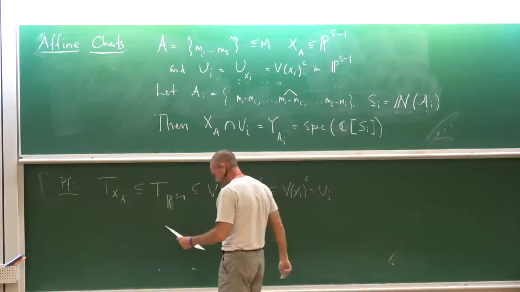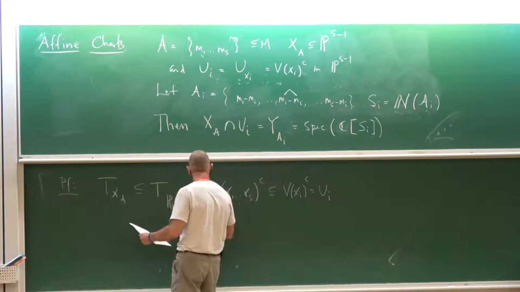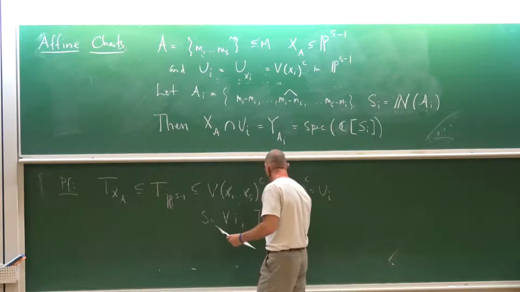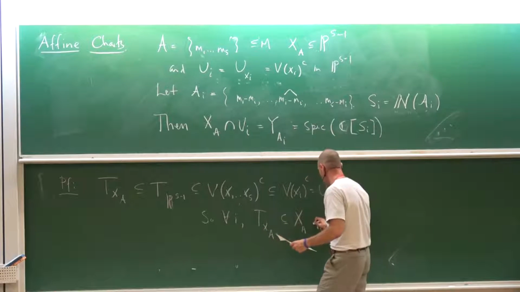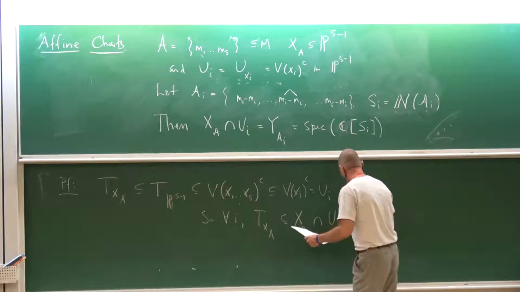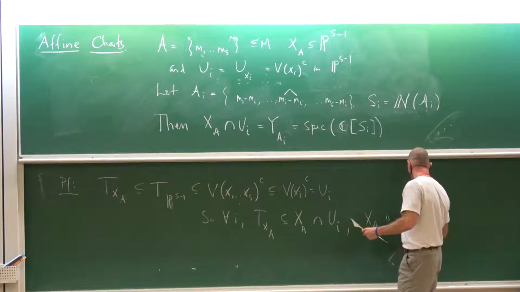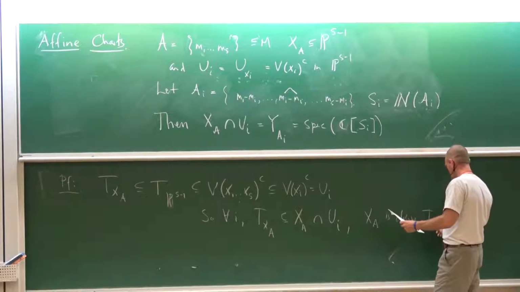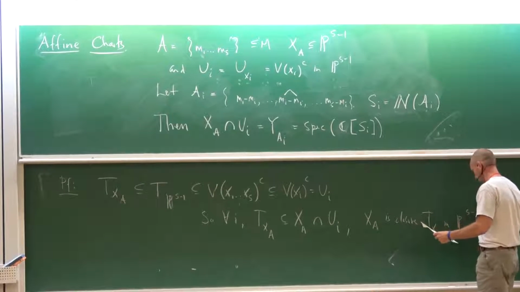All right, so for all I, it is contained, of course it's contained in X sub A, and it's contained in U sub I's. And we know that X sub A is the closure, again tautological, of T X sub A in P^(S-1).